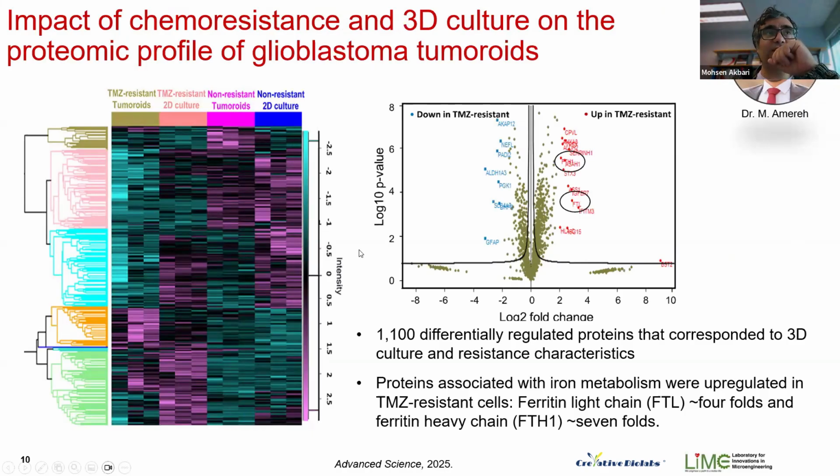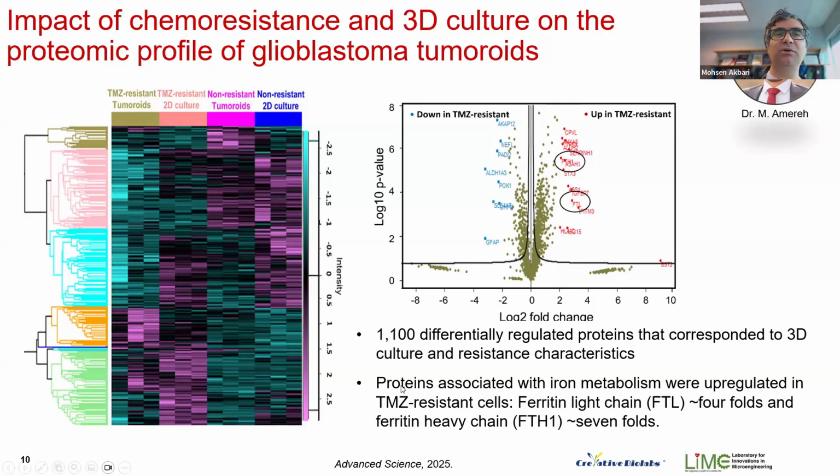You can clearly see that there's a huge difference in the protein patterns of these different groups. Specifically, there is a significant difference between the proteomic profile of cells grown in 2D versus 3D, and then also a significant difference in the profile of non-resistant and resistant tumoroids. In fact, we identified 1,100 differentially upregulated proteins that corresponded to 3D culture and resistant characteristics.